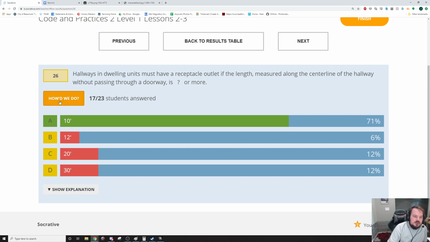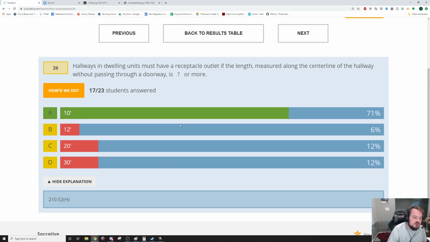Also in required outlets, then hallways. Same page. I'm going to cheat, and 210.52(H) is the length of a hallway that requires an outlet.